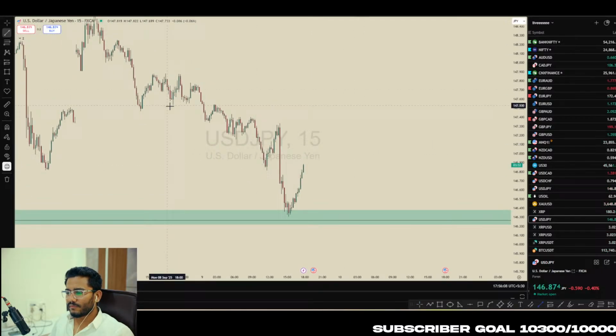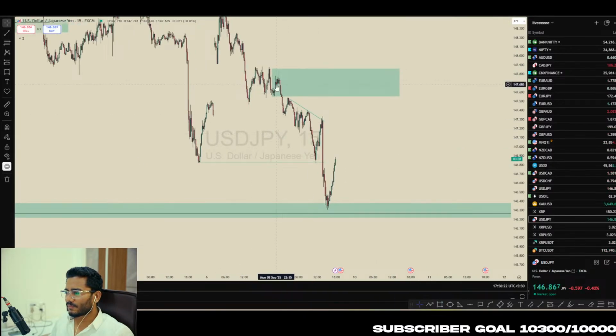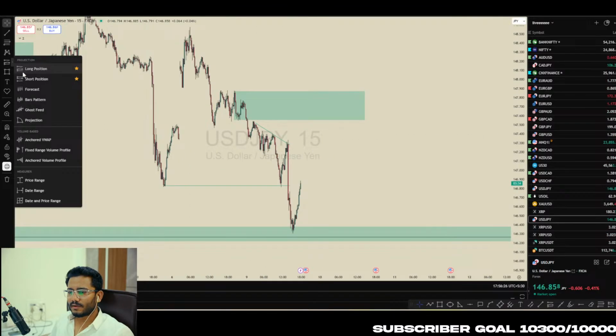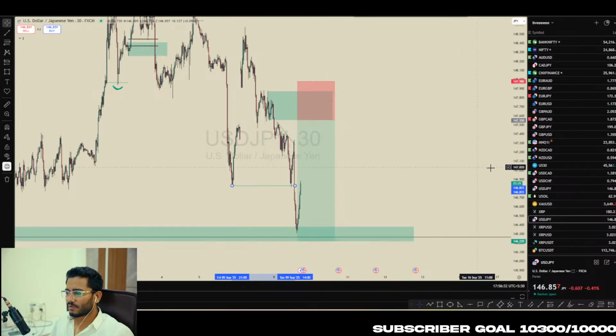Right now, price has created this trend line liquidity here. So price dropped, took out this high. We have inducement from here, and there is imbalance in the price. So we can use this zone for a sell side entry, and you can target the next low, which is this one.